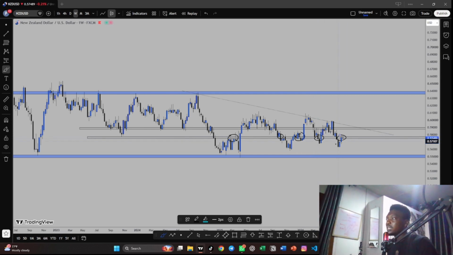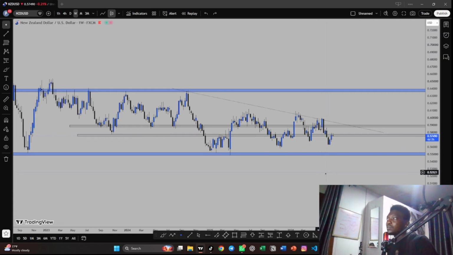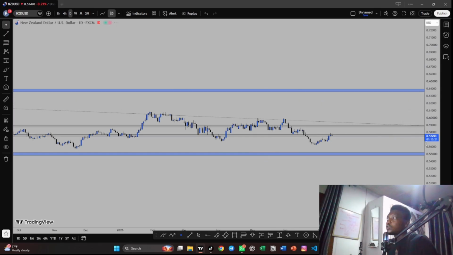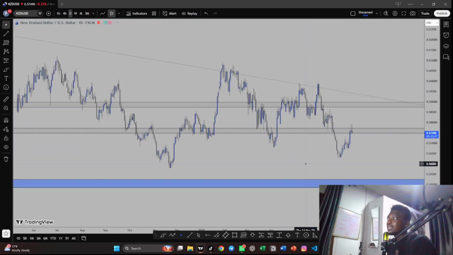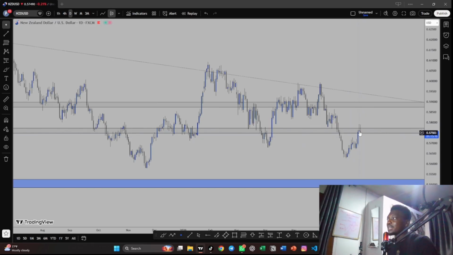You can see that is where we have price currently reacting to. Before now, I was paying attention to this zone. But now, because I'm seeing this clearly, we might actually expect some sales at this region. So let's move to the daily chart. And now on the daily chart, we can see our price is currently reacting to this point.